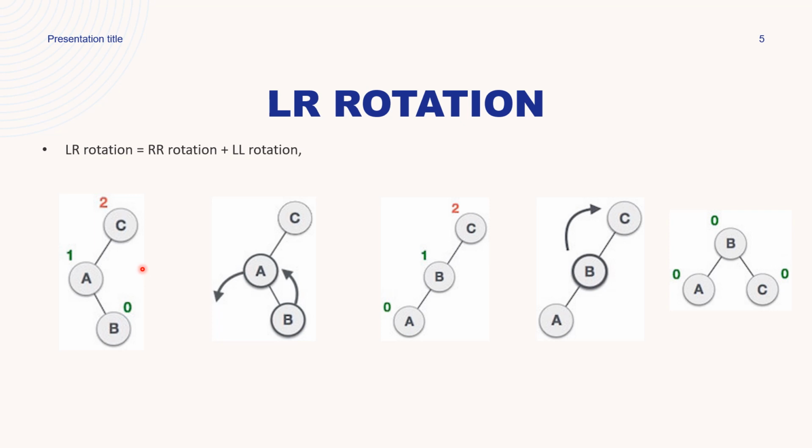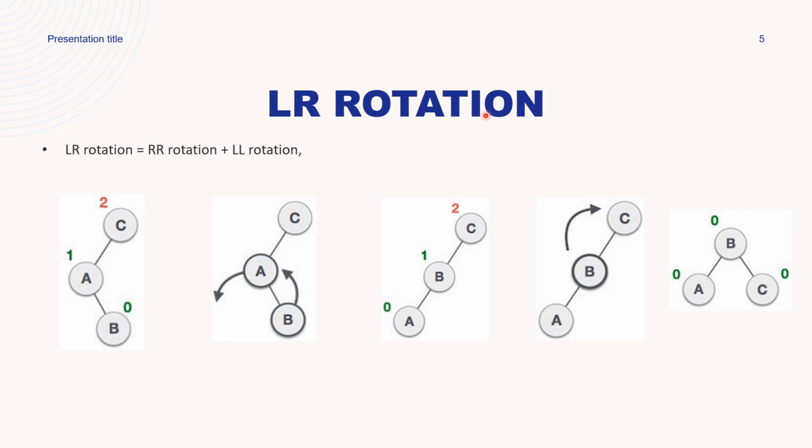Again, I'll briefly explain all these steps. Look at the first step. Suppose the tree looks like this, where a newly added node is inserted into the right part of a node which is already the left subtree of the root node. Then the root node's balance factor will be 2, which is the condition for the LR rotation.